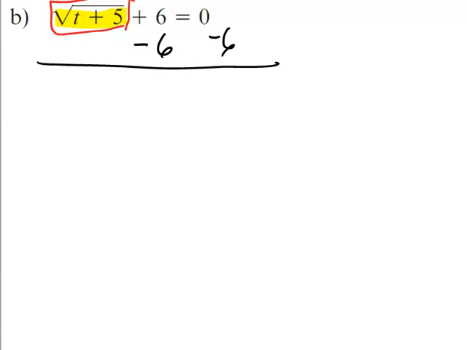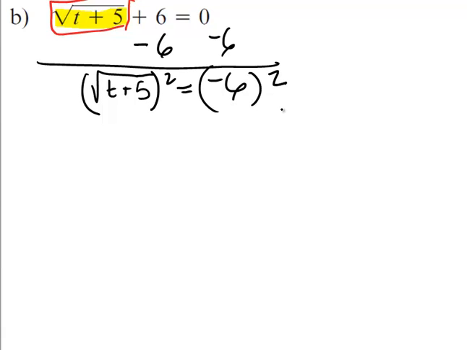You just want to get those constants out of the way for now. So now I have the square root of t plus 5 equals negative 6. Now, I'm going to square both sides to cancel out the radical. What I do to one side, I do to the other.